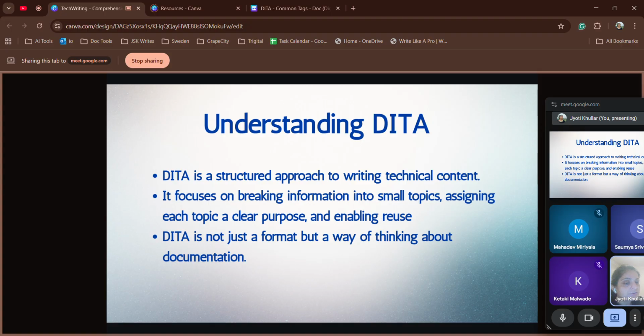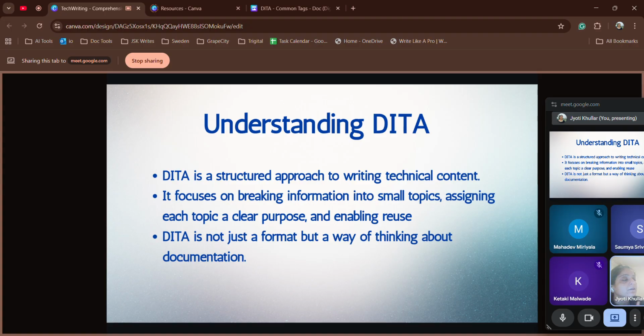So it is a structured approach to writing technical content. You'll see a lot of rules, a lot of guidelines that you must follow to write a certain piece of content. So DITA basically offers that guide to you. It has certain rules. Those rules guide your writing. So उससे होता क्या है?